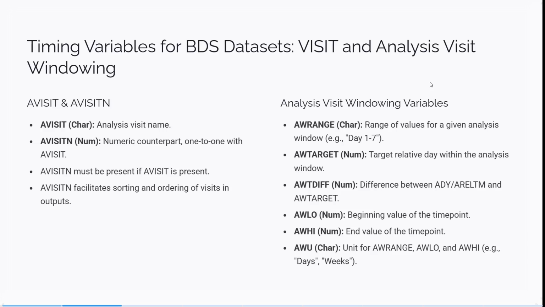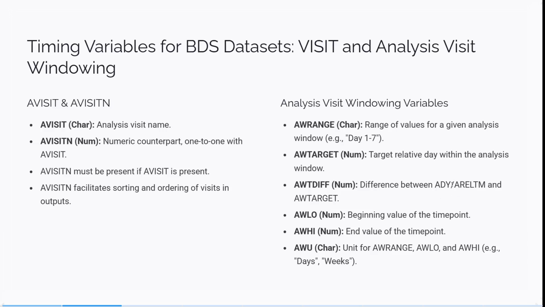If you check the visit windowing concept, these are the common variables we have to get, because we need to find the difference between the target day and the actual day. Here the analysis window range values are given, for example analysis window day 1 to 7, and the target relative day within the analysis window, and the difference between the relative day and the target.